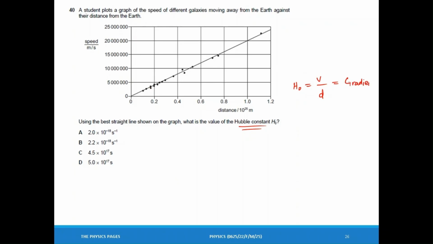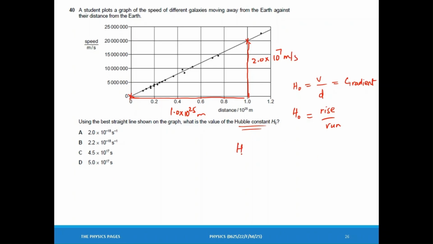So to find v over d, the best way is to find the gradient, that is rise over run. Let me choose 2 points from 0 to this. This will be our run and this will be our rise. Run is 1 into 10 to the power 25 meter, and rise is about 2.0 into 10 to the power 7 meter per second.